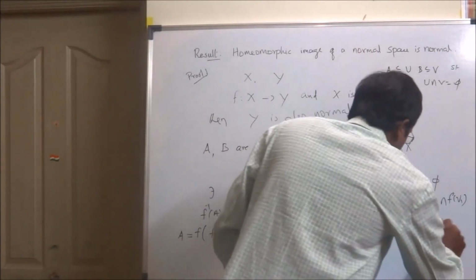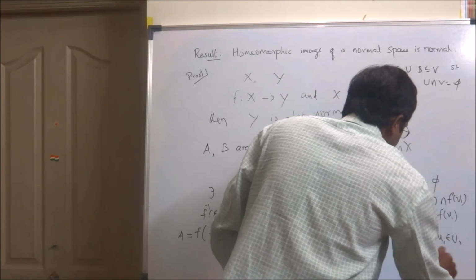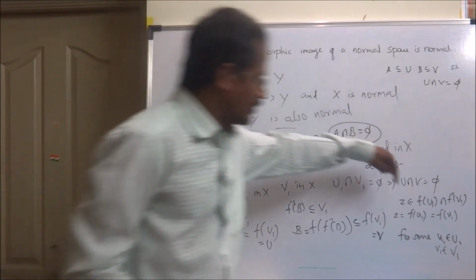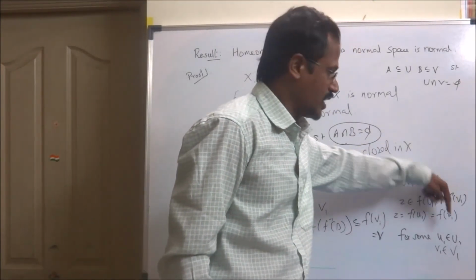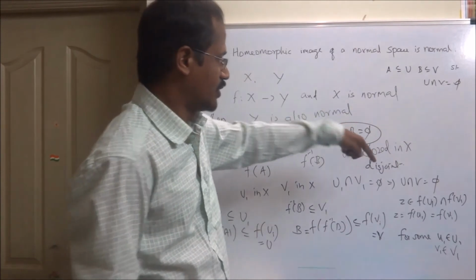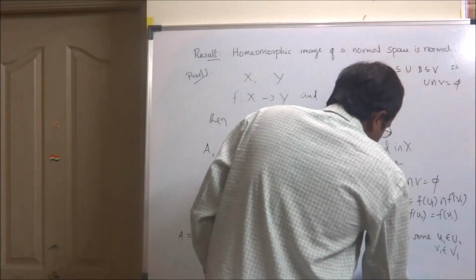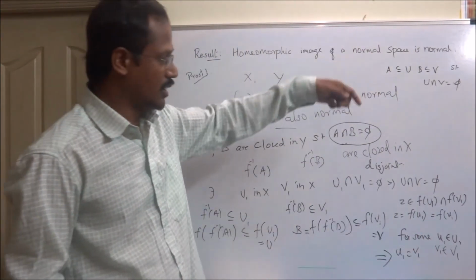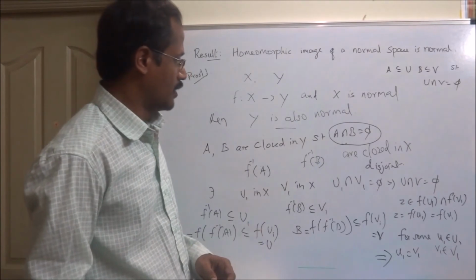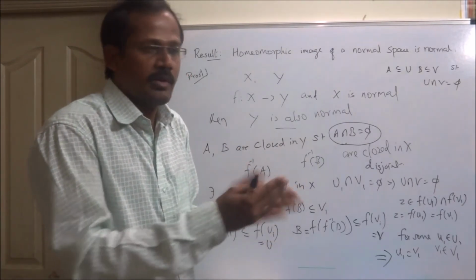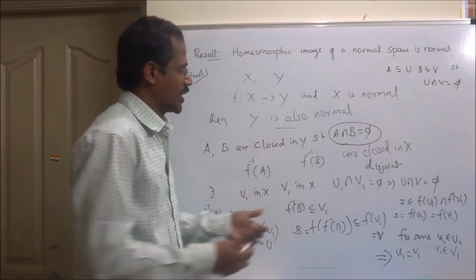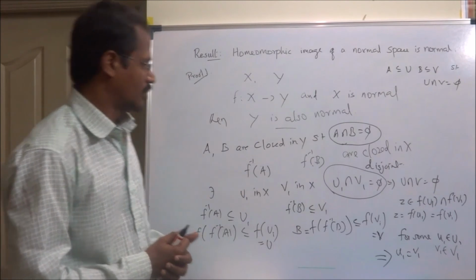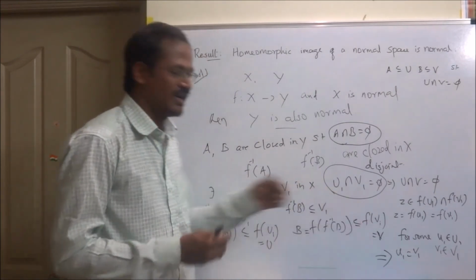Therefore the same point can be written as F of v1 for some small v1 in V1. Now here what you get is F of u1 is equal to F of v1, but F is a one-one map basically. Therefore u1 must be equal to v1, where u1 is a point of U1 and v1 is a point of V1, which means that U1 and V1 have a common point. Okay. You get a contradiction to this fact, U1 intersection V1 is empty. They are disjoint. Therefore these two sets, U and V, are disjoint.